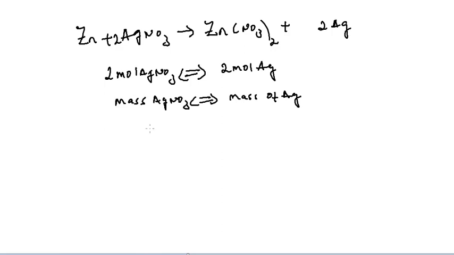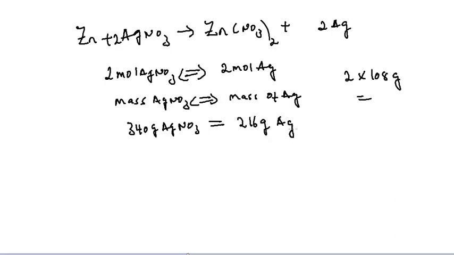The mass of silver nitrate initially was 340 grams, right? 340 grams of silver nitrate would provide us 2 moles of silver, and 2 moles of silver in terms of grams would be 2 times 108. What is 2 times 108? It is 216 grams of silver. Good.